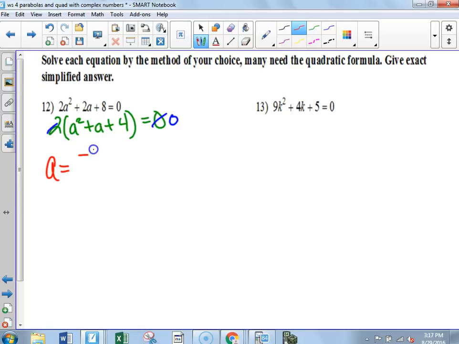Whatever the b here, which is 1, plus or minus the square root of 1 squared minus 4 times 1 times 4, right? Did I do that wrong? 4ac? All over 2 times 1 or 2.